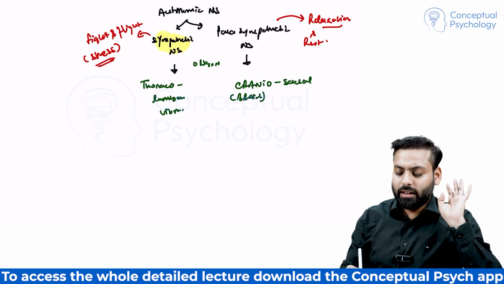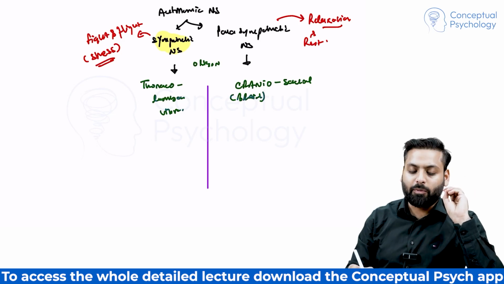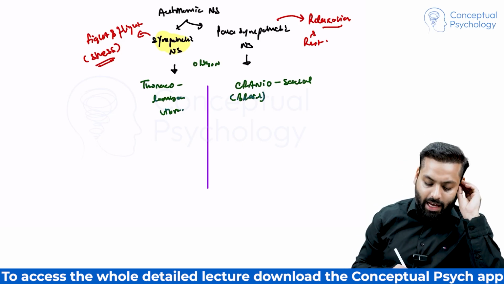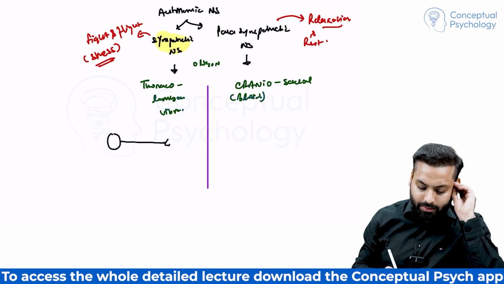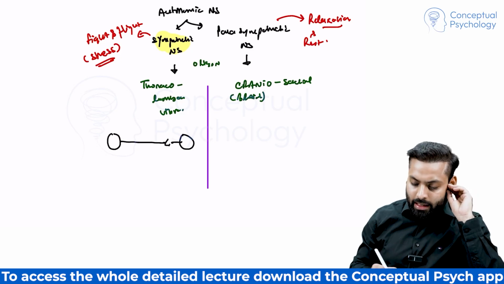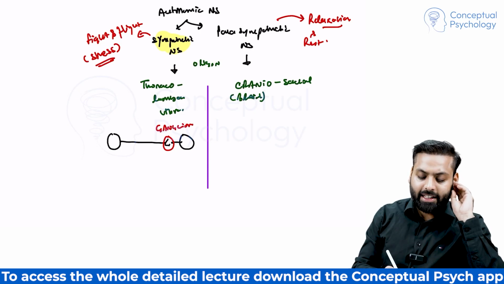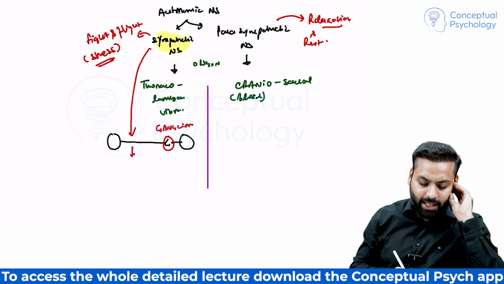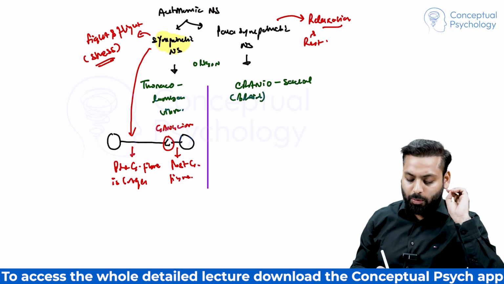Okay, just the basics. Then, what I told you to remember is that in the sympathetic nervous system, the preganglionic fiber is longer than the postganglionic fiber, and it is opposite here.